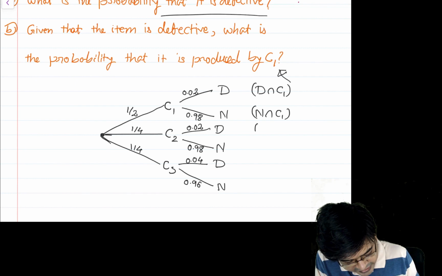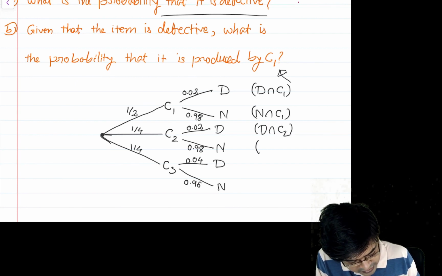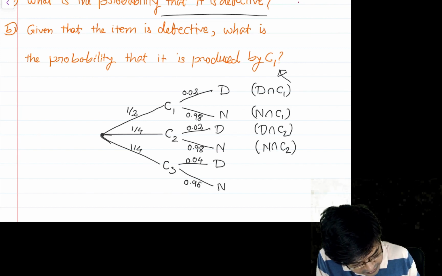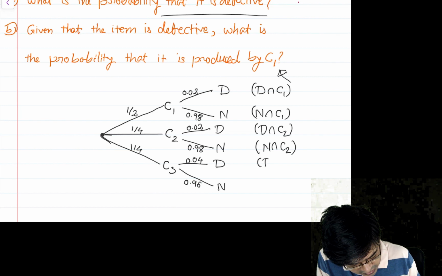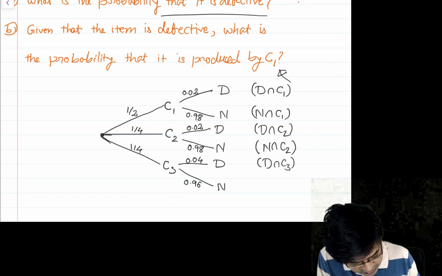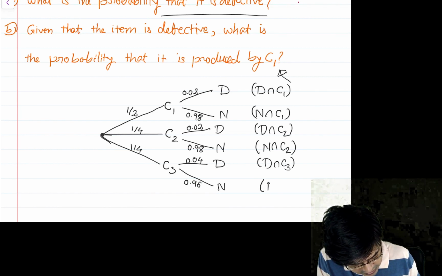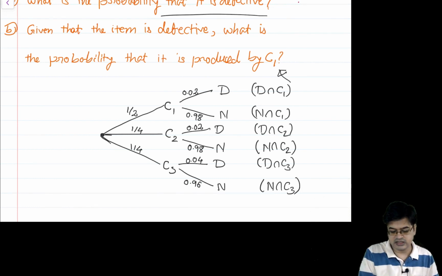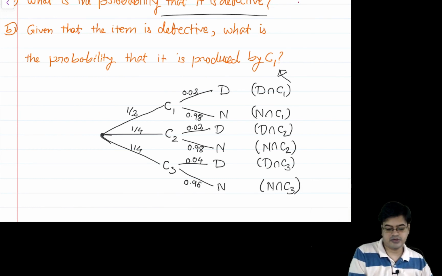Go to the second event, D intersection C2, N intersection C2, D intersection C3, N intersection C3. So these are the 6 events that are possible in this particular outcome.